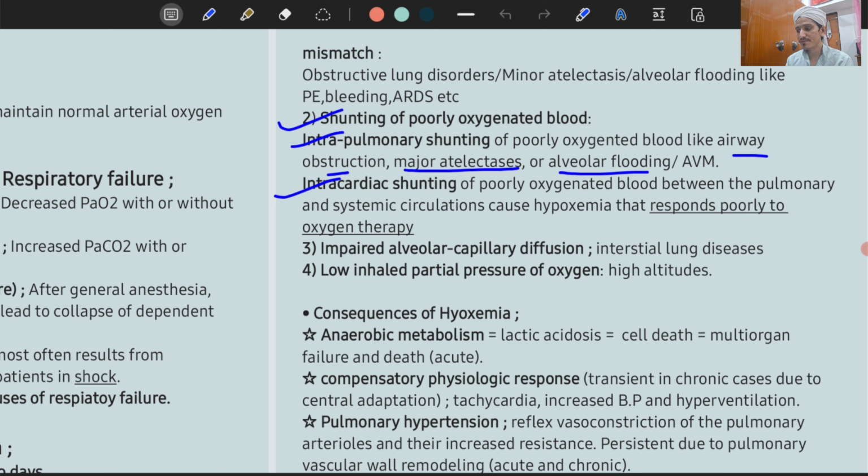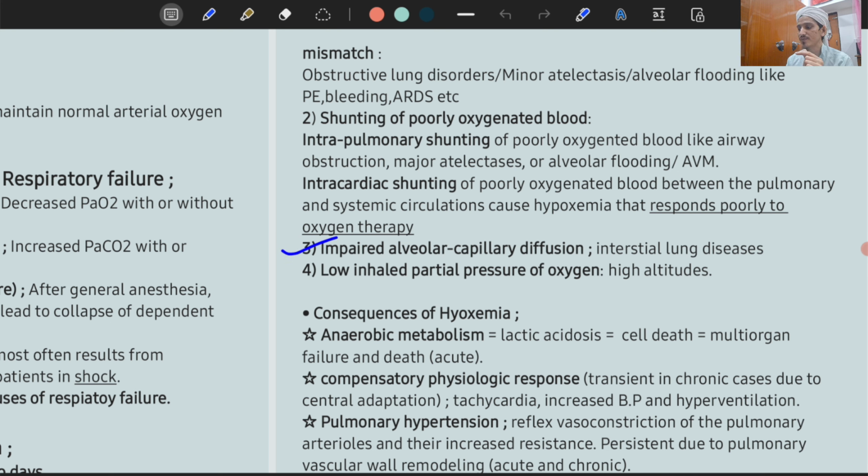Deoxygenated and oxygenated blood are mixed. As we have learned in the cyanosis part, in two causes of cyanosis, that is cardiac shunting like VSD and abnormal hemoglobin, there will be poor response to the oxygen therapy.